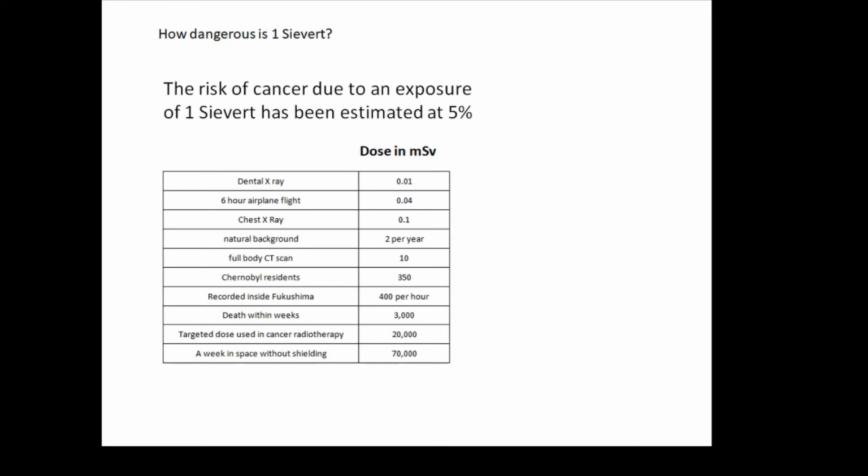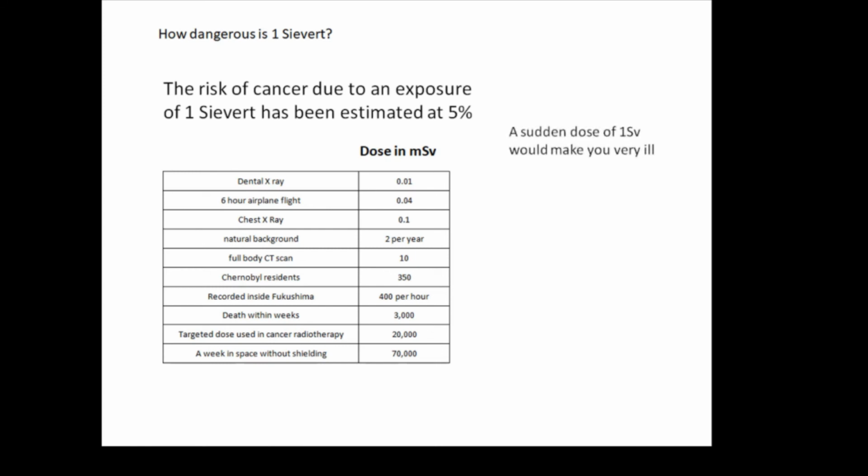If you get a dose of 3,000 millisieverts or 3 sieverts, then you'll probably be dead in a couple of weeks. The last one's interesting. If you go into space without any shielding for a week, for example, if you go to the moon and back, 70,000 millisieverts, 70 sieverts. Shielding is very important if you go into space. Remember that.